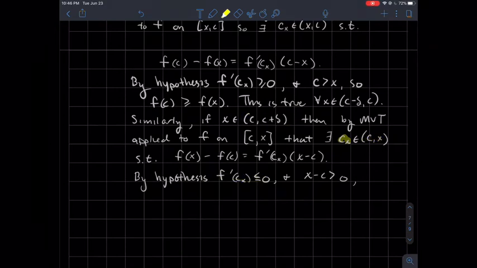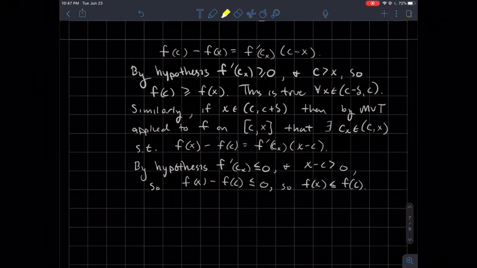But then also, I know that x now is to the right of c, therefore x minus c is a positive number, so that altogether this has to be a negative number. I've got a non-positive number times a positive number, so maybe I should say this is non-positive. And so this says non-positive, less than or equal to 0.